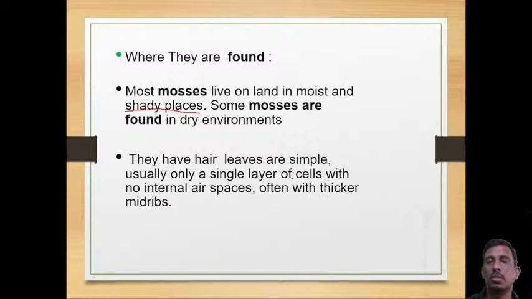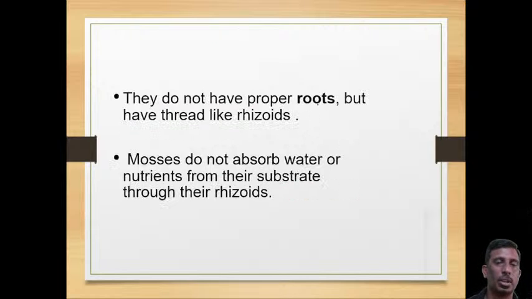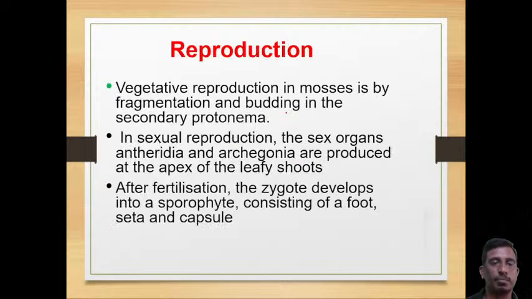They have a single layer of cells, and in the midrib region they are thicker. The leafy gametophore has root-like structures called rhizoids, which absorb water and minerals from the soil. So this is about the structure of mosses.